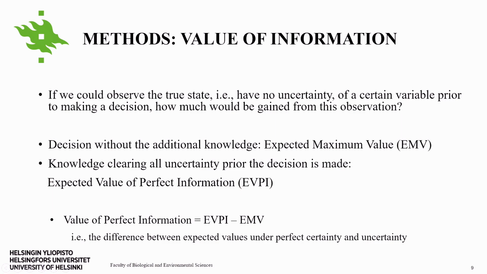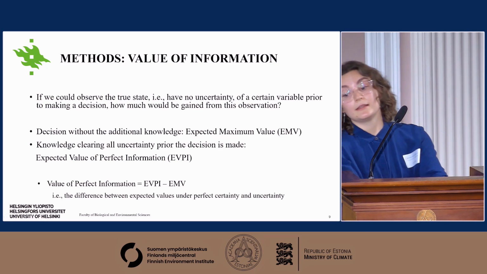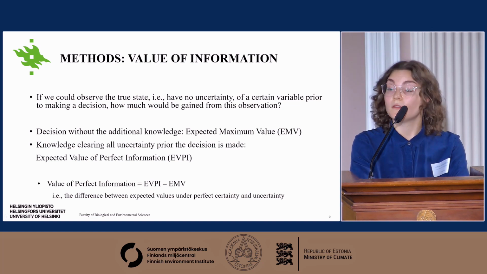So then value of information is calculated with the expected maximum value, which is the knowledge with the uncertainty, and then with perfect information. So it is the difference between the value under perfect information and under uncertainty.